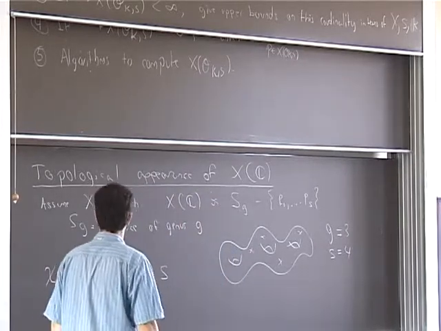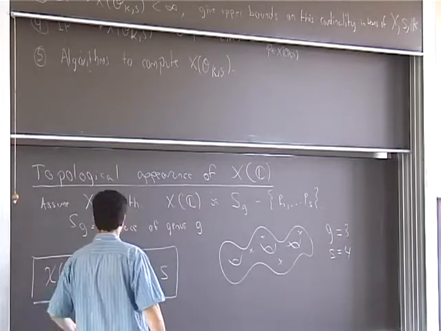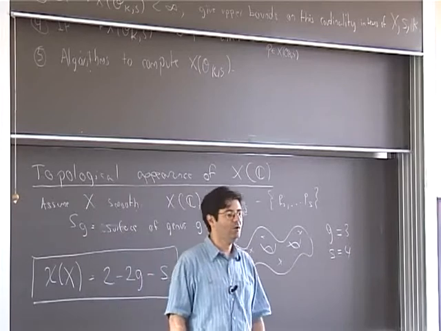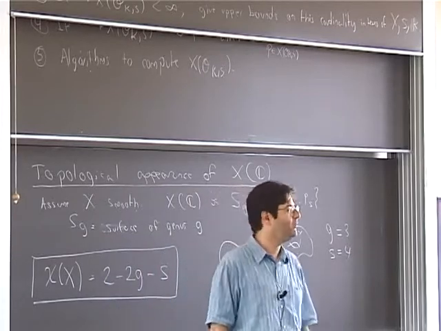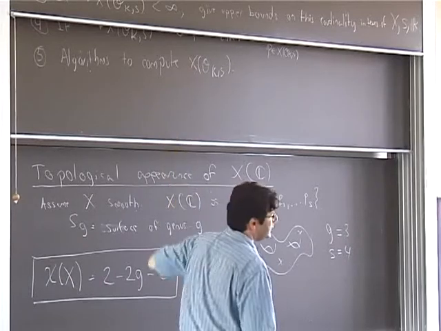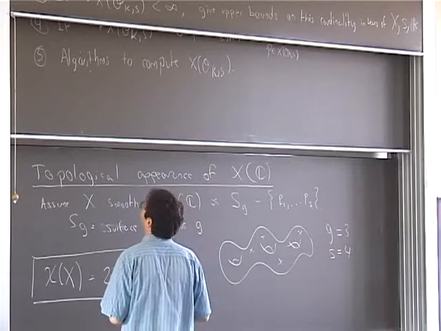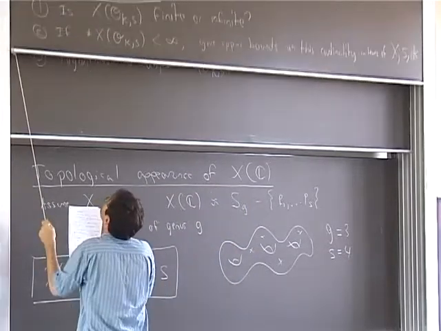So this is the number which governs the qualitative behavior of the solutions to the curve equation. That's what I'm going to explain now. So the answers to these 5 basic questions which I've asked here are really governed by this quantity.